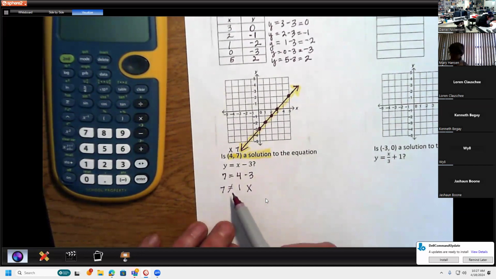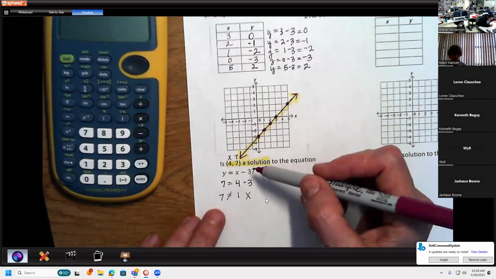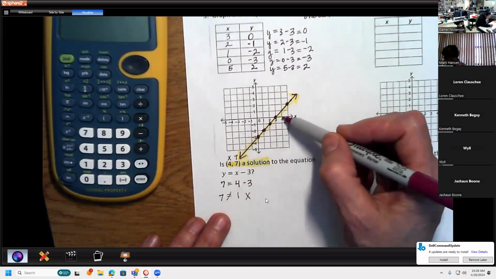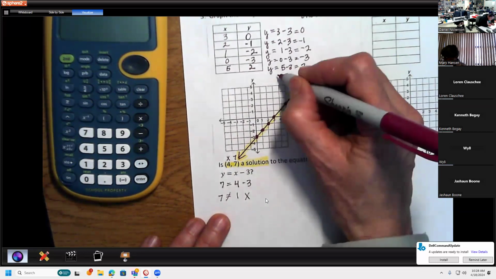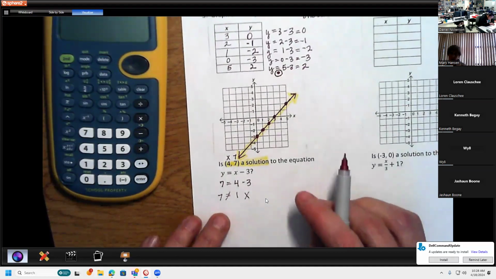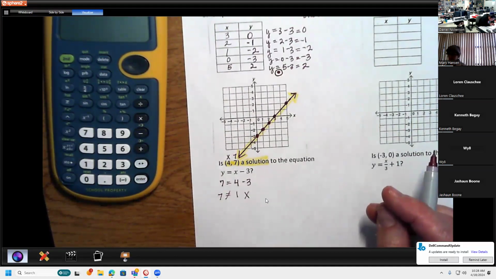Another way you could answer this question is if I look at where is 4, 7 on this graph? Well, 4, 7 would be over 4 and up 7, which is off the graph, but it'd be somewhere up here, right? Is that point on the line? No, it's not.